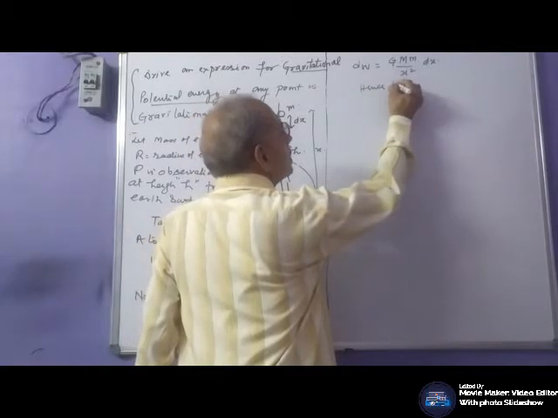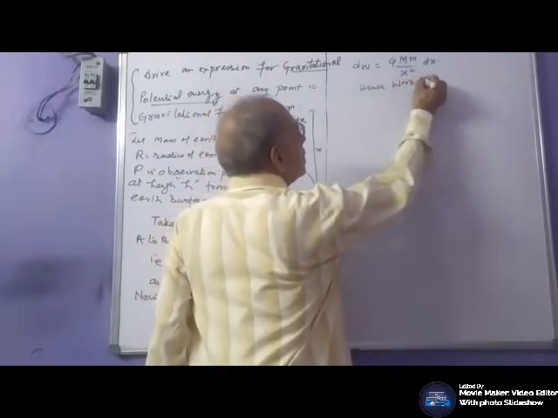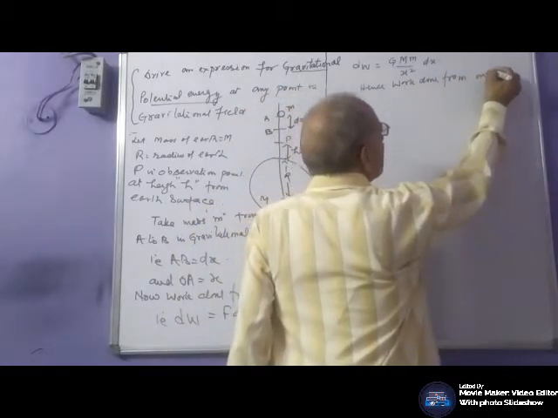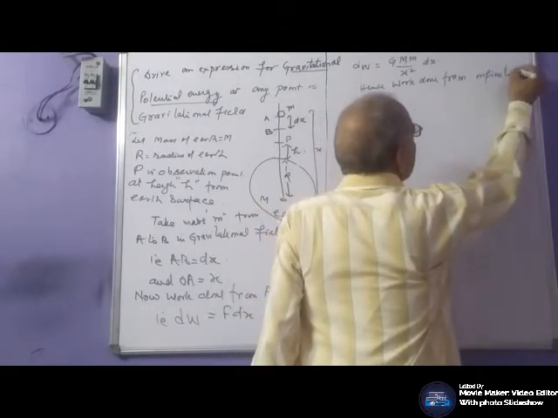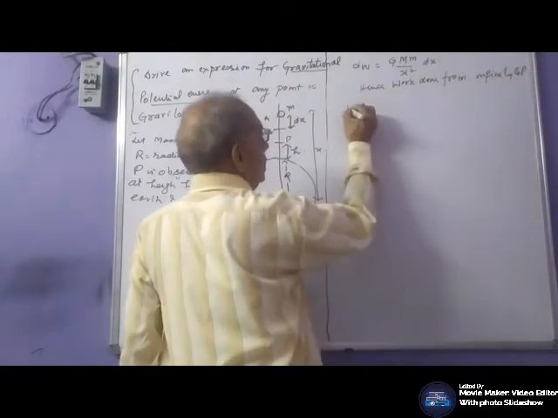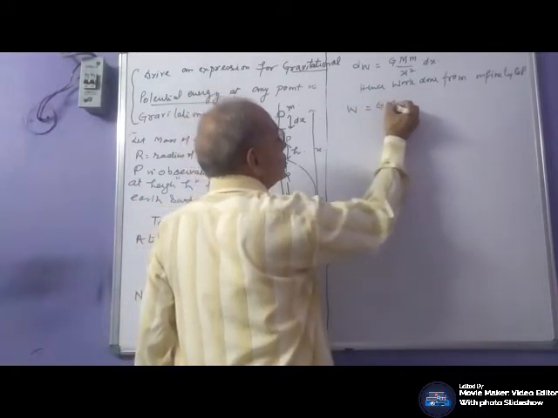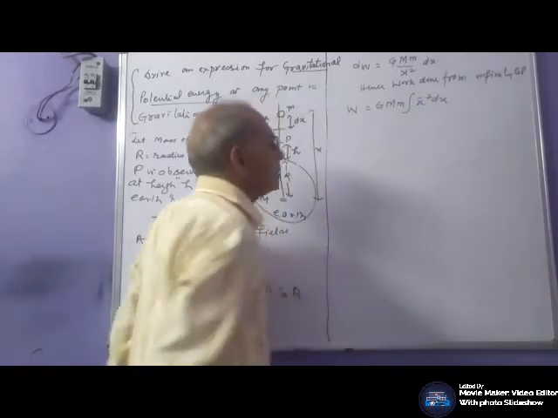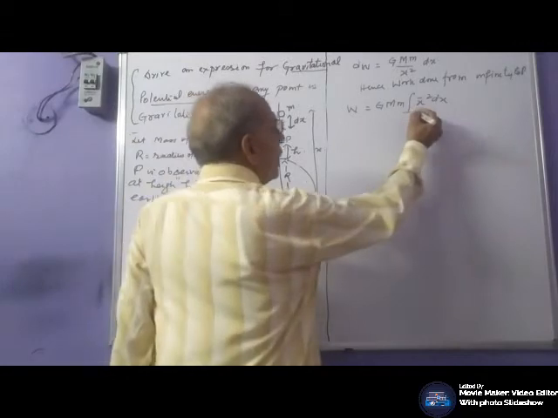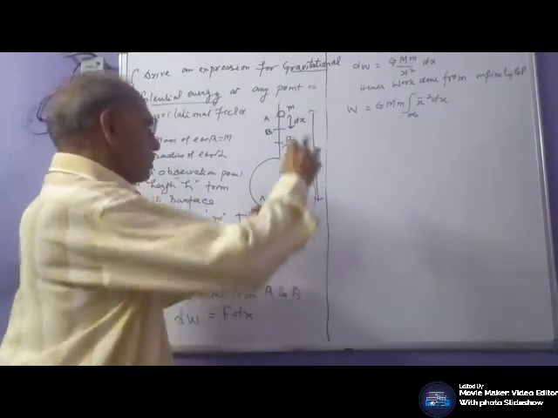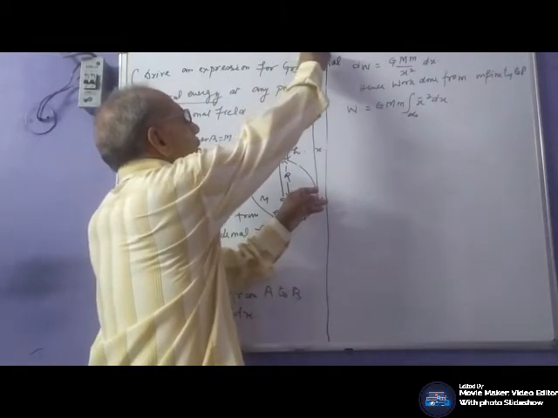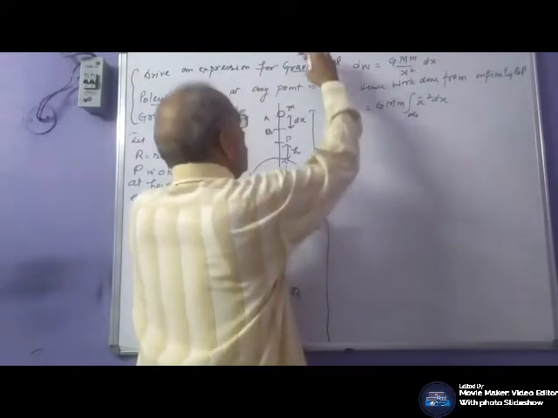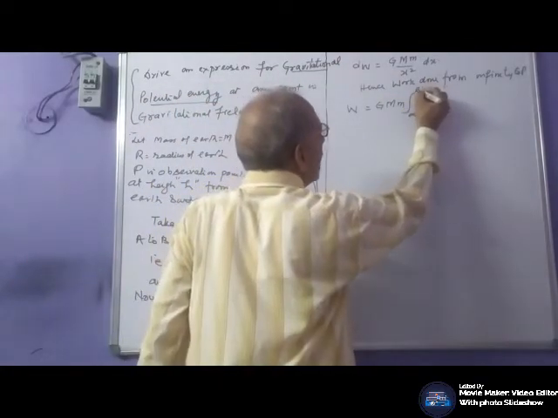Hence the work done from infinity to P, integrate it, constants outside, x to the power minus 2 dx. x is the variable, from where the mass is coming, x is infinity, to P, r plus h.